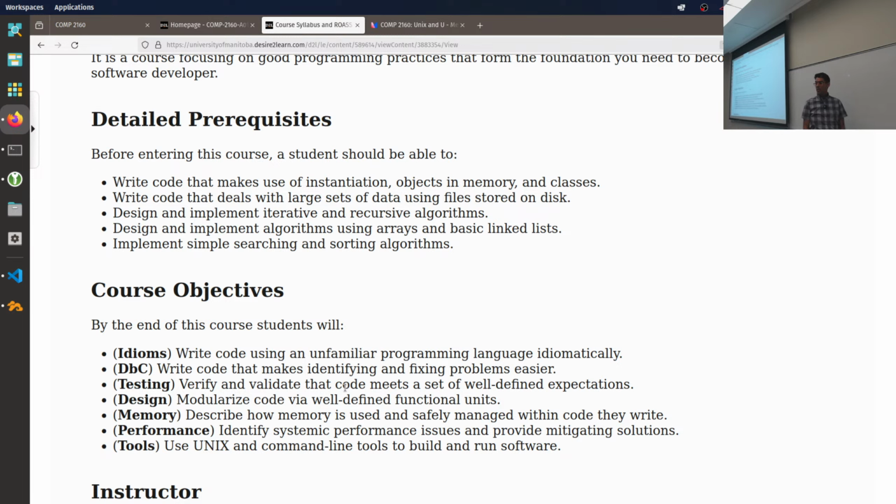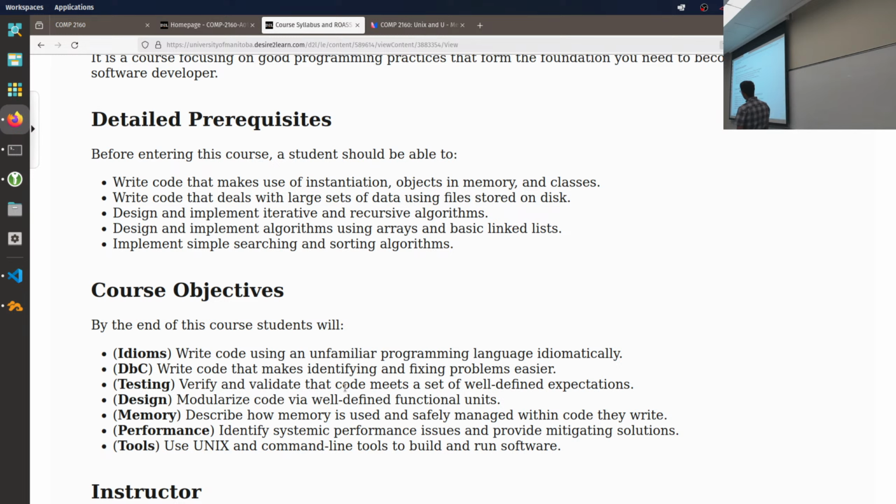You've seen this possibly in 1010, but probably more in the searching and sorting algorithms that you saw closer to the end of Comp 1020, like binary search. I want you to be able to implement those, and to design iterative solutions to problems. So you should know how to write a loop to solve a problem that requires repetition of some block of code.